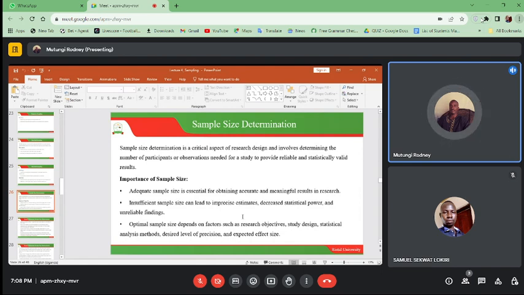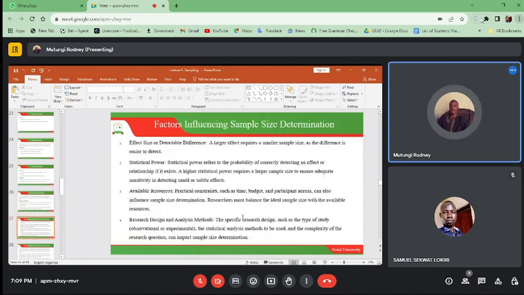You do not want to use a sample that will give you inaccurate results, and then when you put in your intervention, it also doesn't work. So that is all that you need to know about sample size determination. So the factors, again here, we look at that effect size.